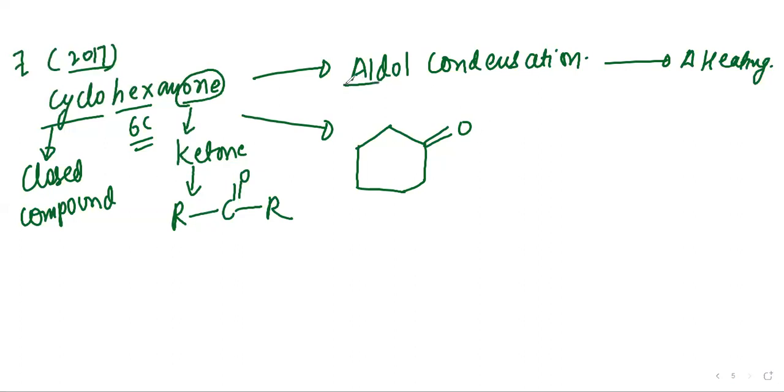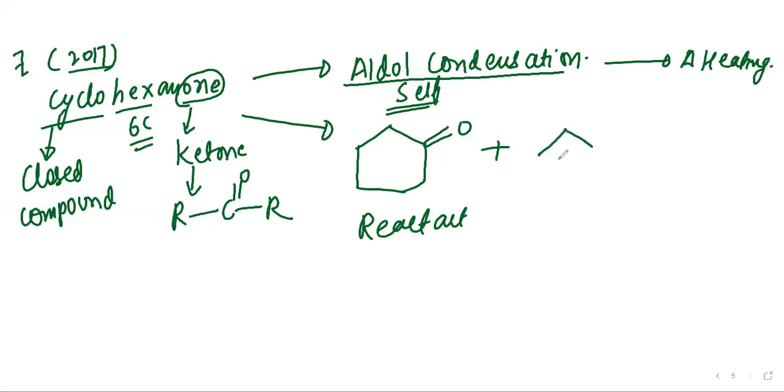So for aldol condensation, one compound is given, that is cyclohexanone. So this part is called the reactant, right? So for doing the reaction, we need one reactant. So this will do self-aldol condensation. I have to take 1 mole of this same compound, right? So this is also cyclohexanone.